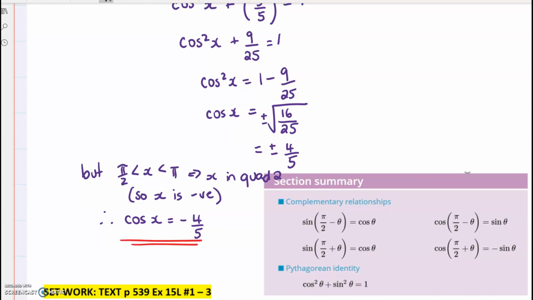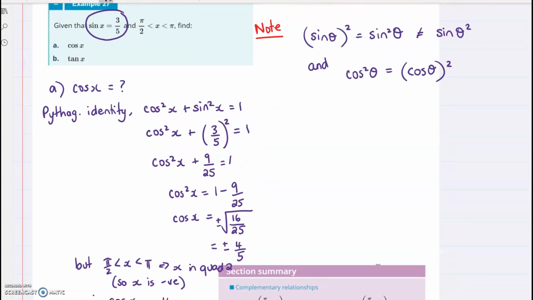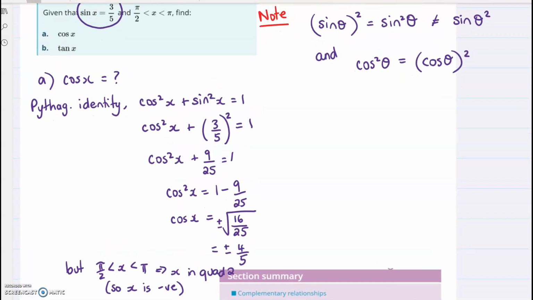And then in part B, you can just use your answer that you found in part A. So I'm going to come over here. So for part B, tan x is sin x over cos x. We've already worked these answers out, so I'm just going to put a note here. Use answer to part A, and let's just sub in what we know.